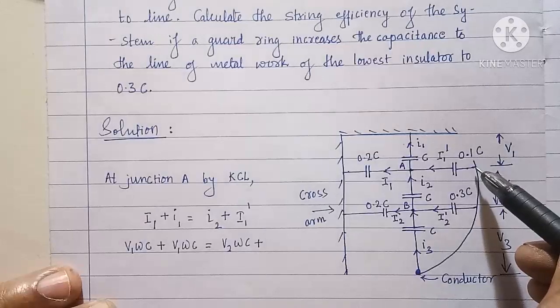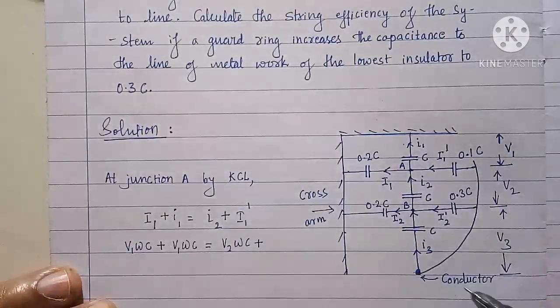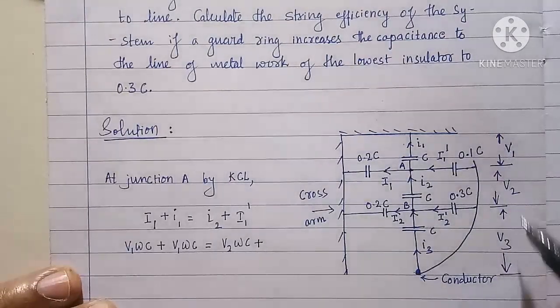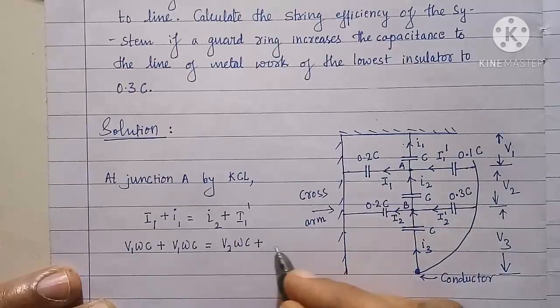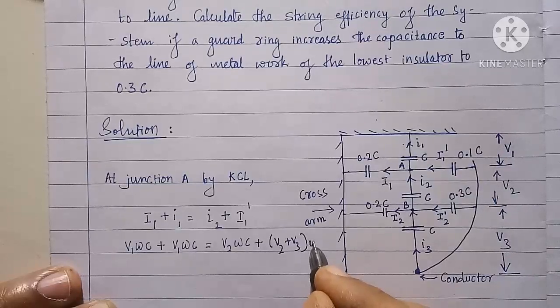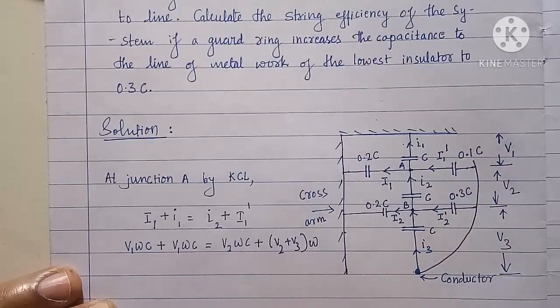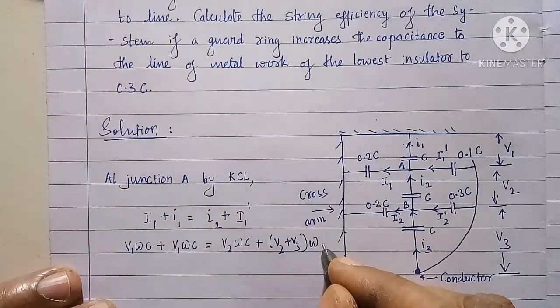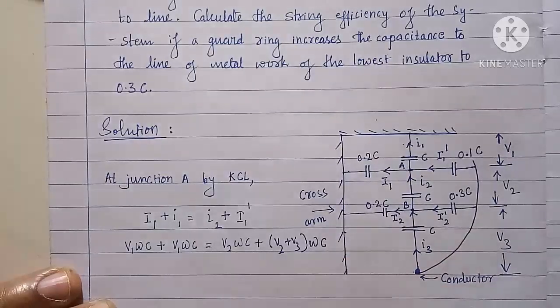Therefore, voltage across A and power conductor will be equal to V2 plus V3. So, V2 plus V3 into omega into C.